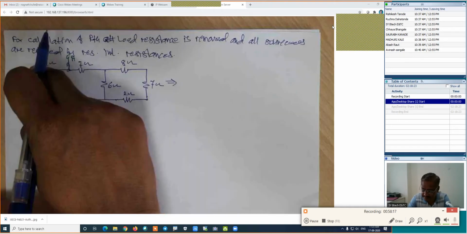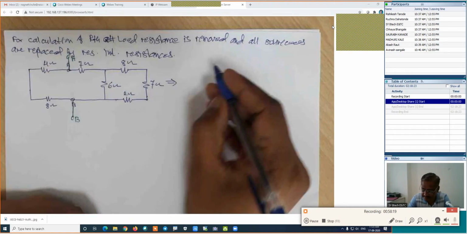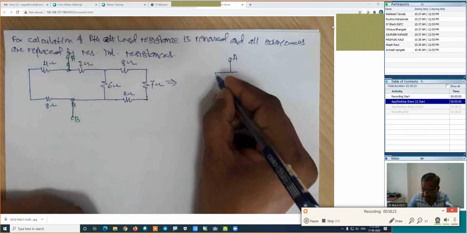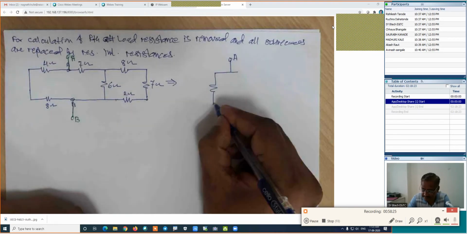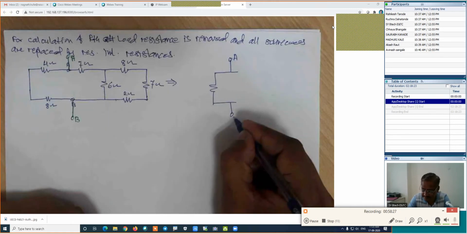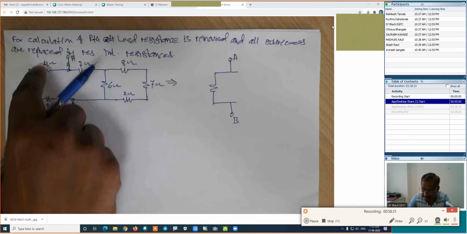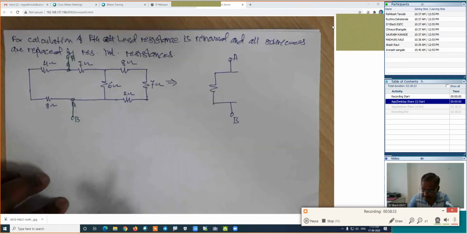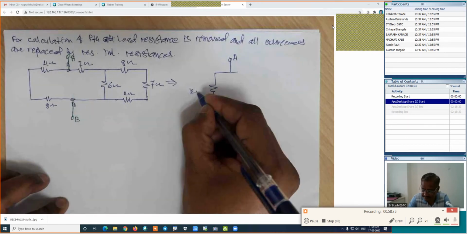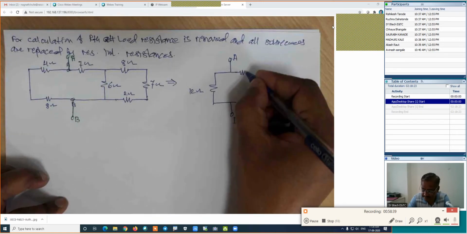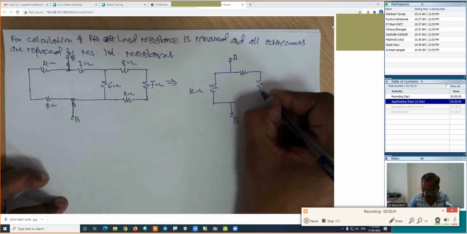I will combine these 2 in series. This is my A point, and this is my B point. I am taking the terminals outside to avoid confusion. These 2 are in series, 8 plus 4, which is 12 ohm. Then the 7 ohm I will keep as it is, and the 6 ohm I will keep as it is right now.